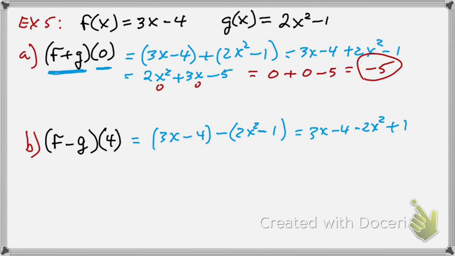Watch those signs. They get me all the time. So I've got 3x, and let me start with my squareds. I've got minus 2x squared plus 3x, negative 3. I'm going to evaluate that where x is 4.